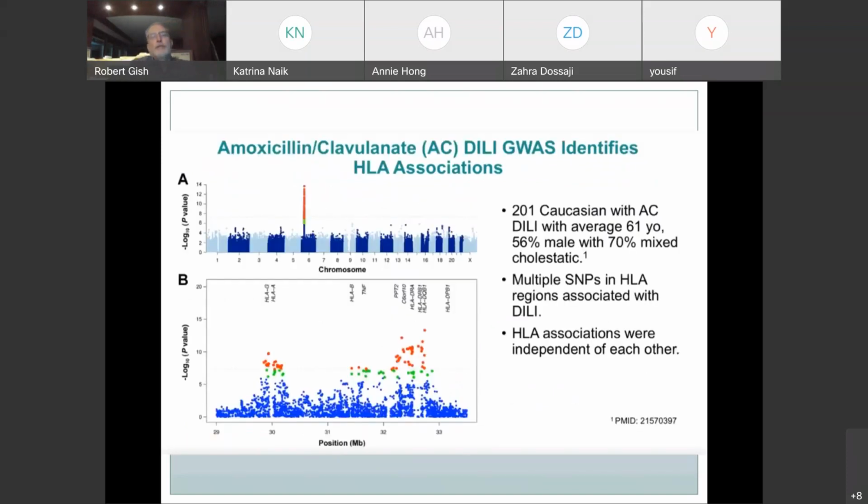I mentioned Augmentin, this amoxicillin-clavulanate DILI, and GWAS was able to identify some specific HLA associations that are here. So you map this out, you get your drug pharmacogenomics testing done, and you can tell patients that they probably should not take this drug, or if they do chronically or long-term, more than 5 days, which is pretty typical for Augmentin, they would change to a different antibiotic or be closely monitored.